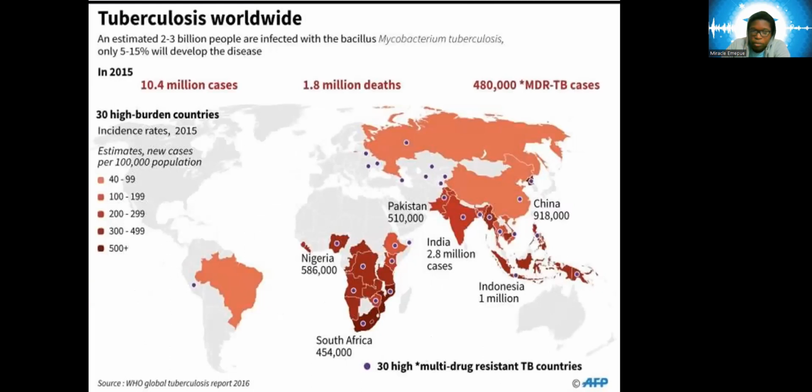This diagram shows the number of cases, deaths, and multi-drug resistant tuberculosis countries in 2015. Color-coded in light peach are 40 to 99 per 100,000 population, and in dark color, 500 plus thousand.